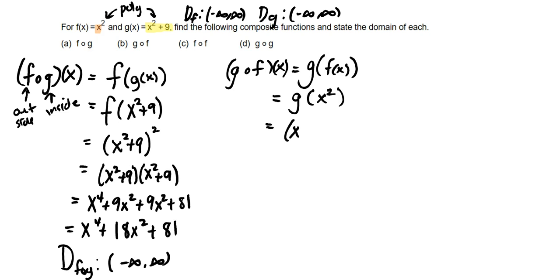So that would give me x squared squared plus 9, which is x to the 4th plus 9. The domain of g composed with f is also all real numbers, because composing two polynomial functions gives you a polynomial function.